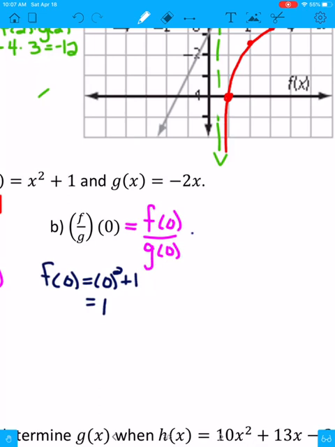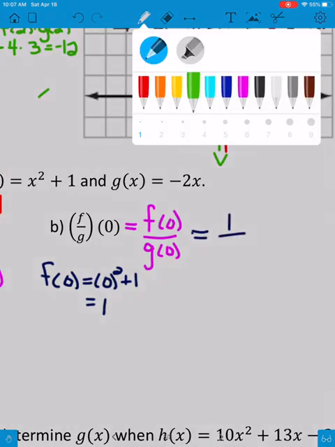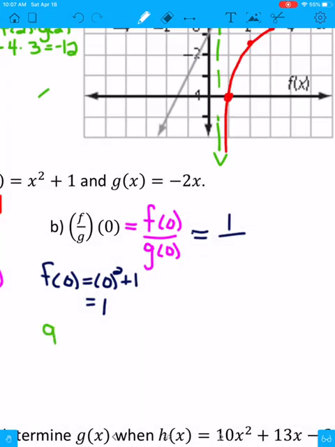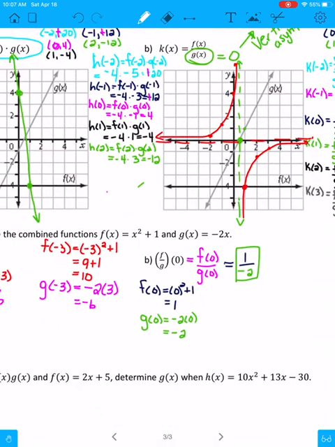So f of 0 equals 1 over g of 0. G of 0 is -2 times 0, which is -2. So my answer is -1/2.